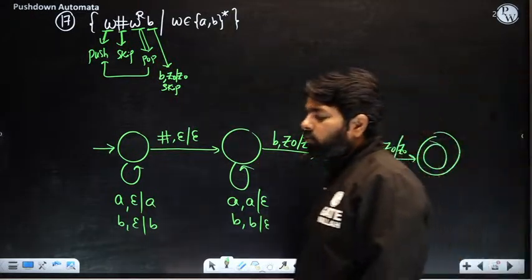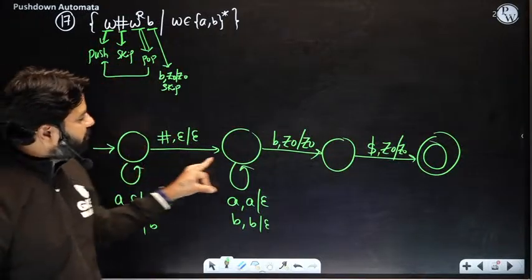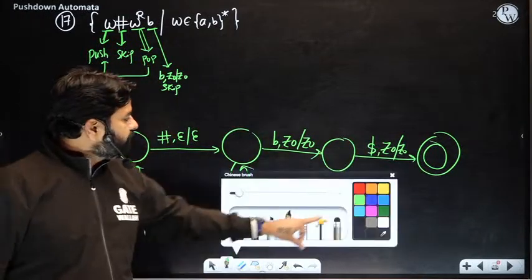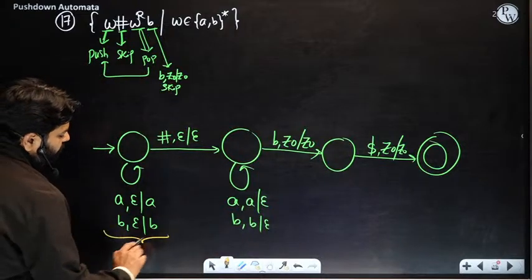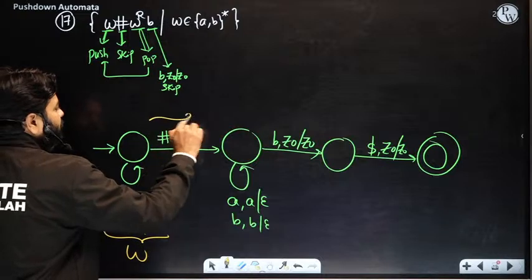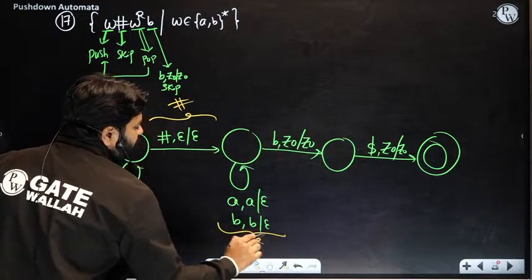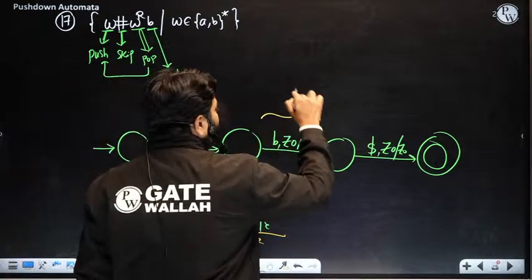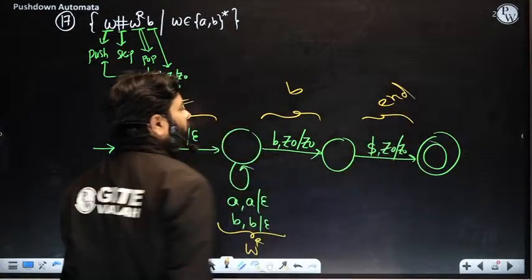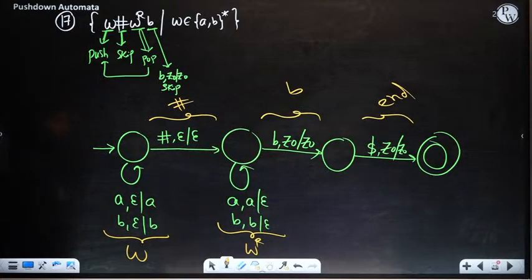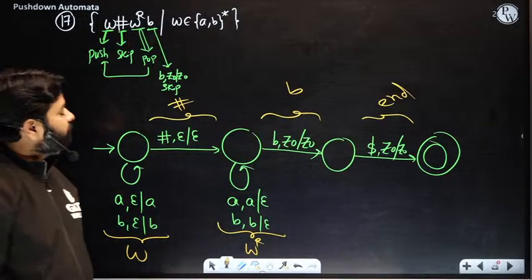Now you see the string form is exactly the machine form too, right? This is your W, this is your hash, this is the reverse of the string comparison, then this is the symbol B you are reading, and that's the end of the input. At the end of the input, only Z0 is left. Fine.